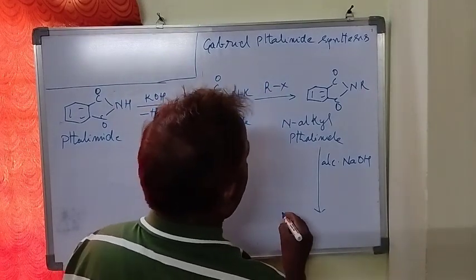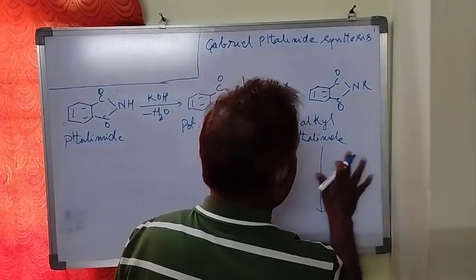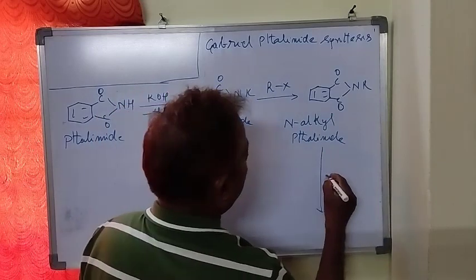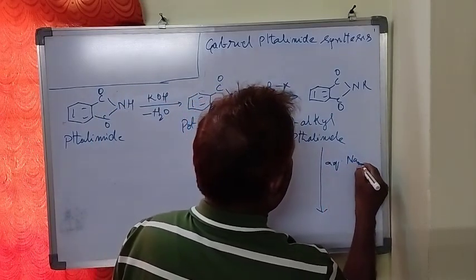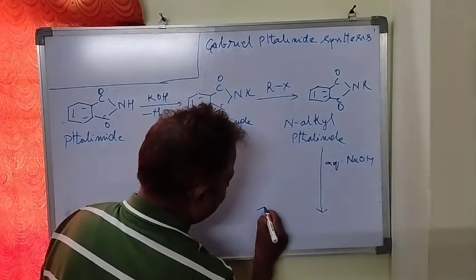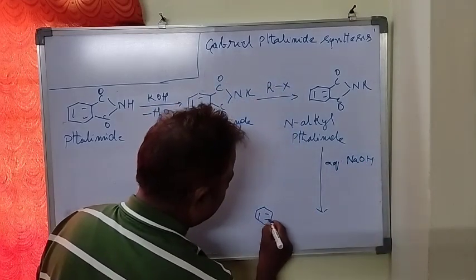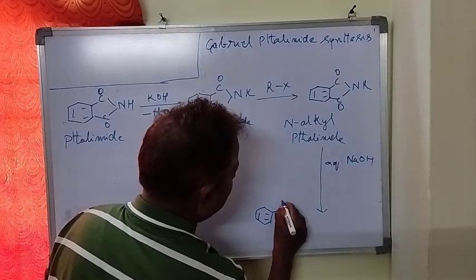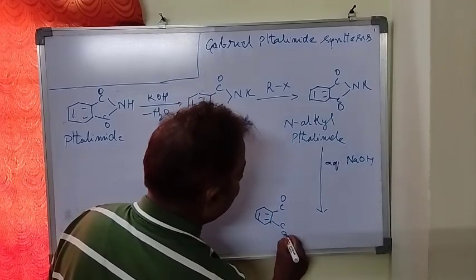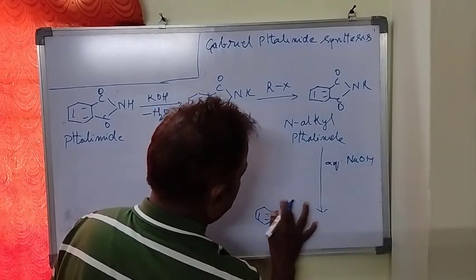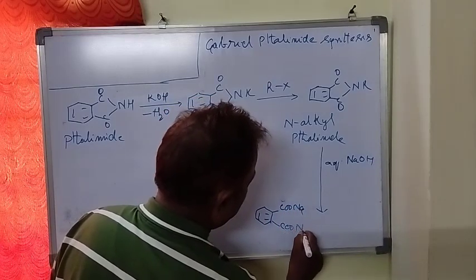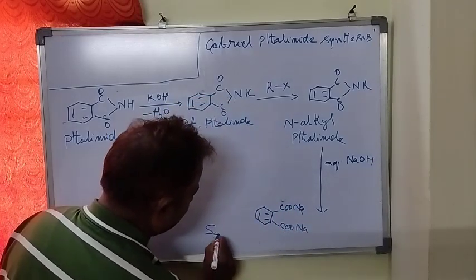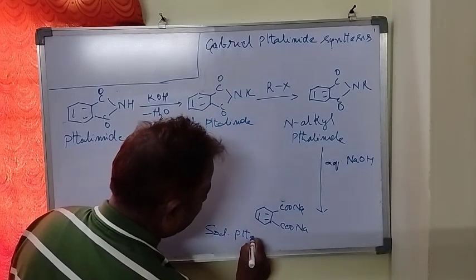Therefore, what do we get here? N-alkyl phthalimide is treated with aqueous NaOH. Therefore, we get CO, this is COONa, this is COONa, sodium phthalate.